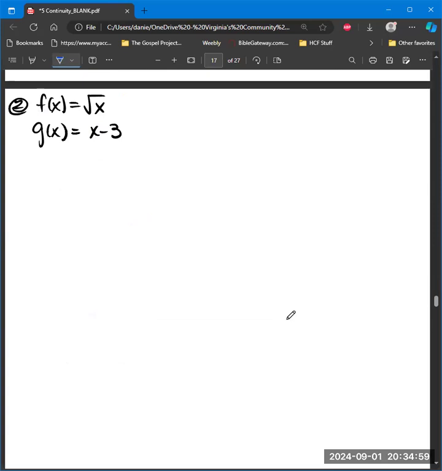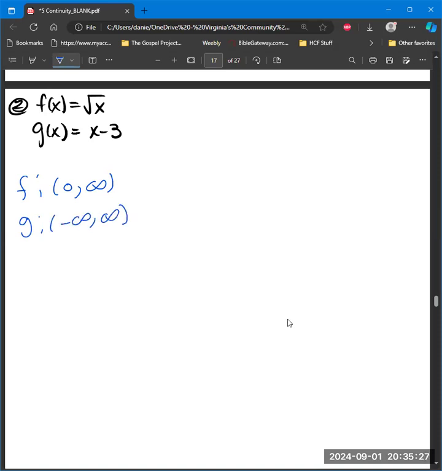Let's look at square root of x for f of x and x minus 3 for g of x. So f is continuous on 0 to infinity. We're not putting a hard bracket there because we're not doing one-sided limits in this book. Your textbook may be a little different.